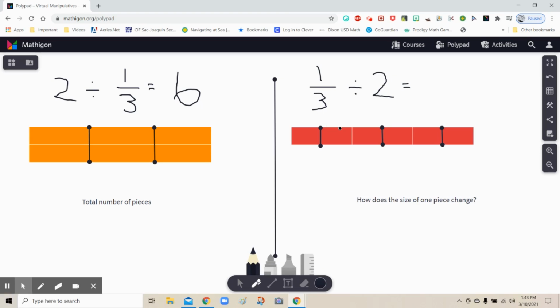We started out with a thirds piece, but now that we've cut each piece in half, how big is one piece? This is no longer a third piece. So what size is it? The size of one piece is the answer, and that is 1/6. There are 6 pieces here. One of these pieces is 1/6.